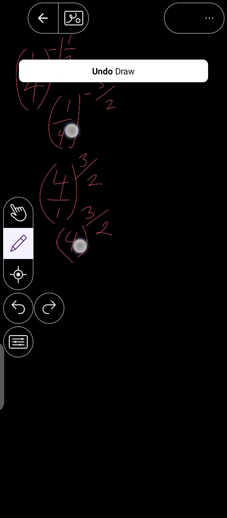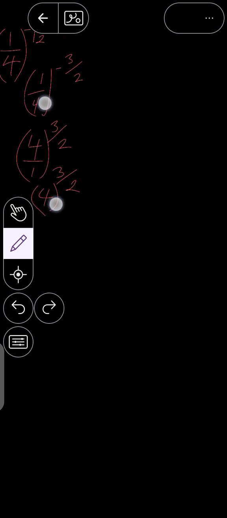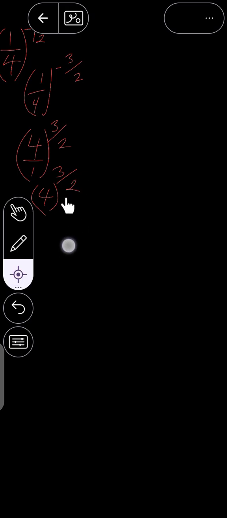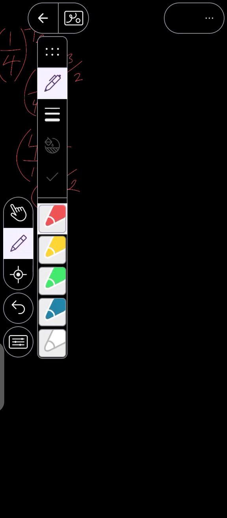Since that is the case, you remember that you're going to find the root of 4, and then whatever you get there is going to be raised to power 3. So the denominator 2 means the square root of 4. Let's find the square root of 4.